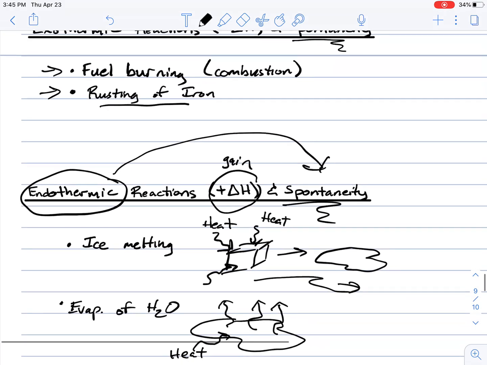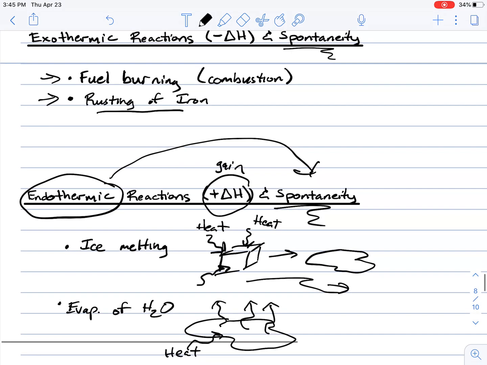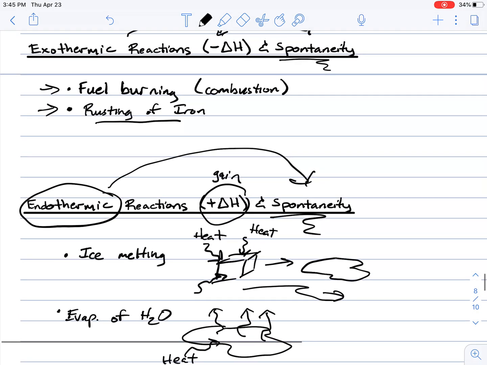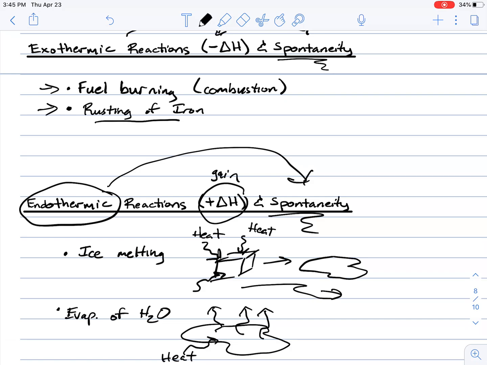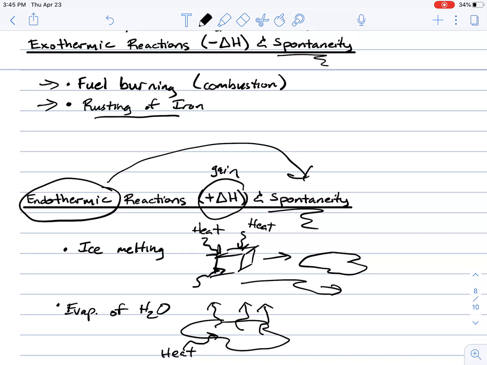Now, there's a whole boatload of examples out there in which both exothermic and endothermic reactions are non-spontaneous. And there's also a whole boatload of examples in which exothermic reactions and endothermic reactions are spontaneous.